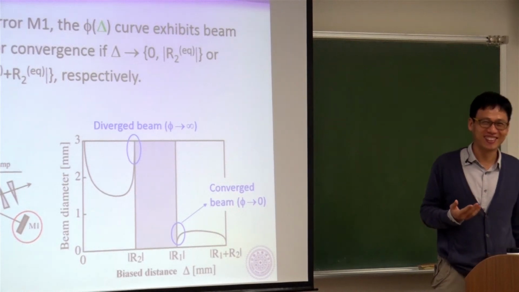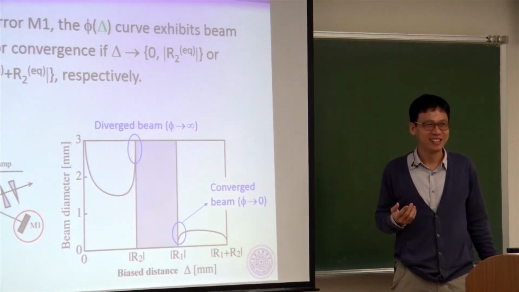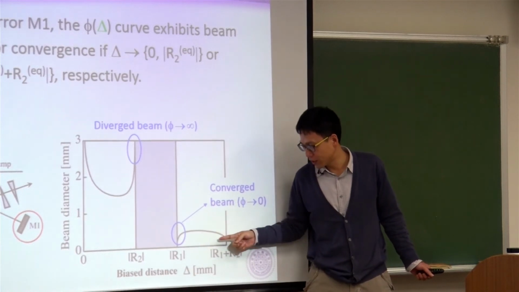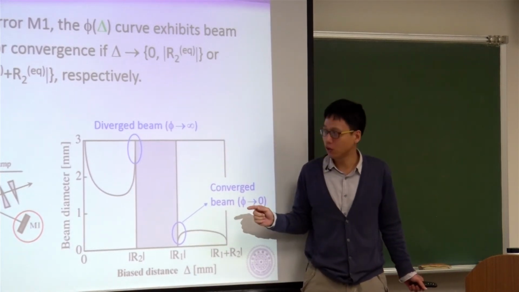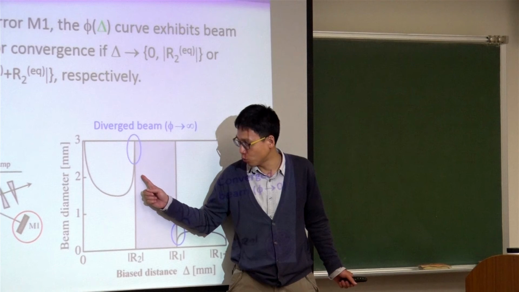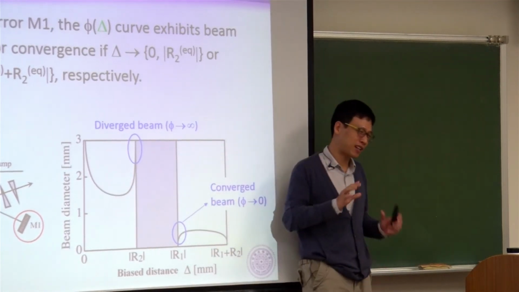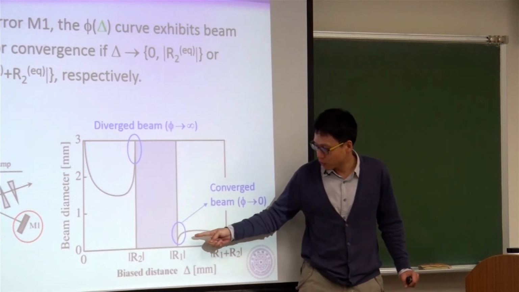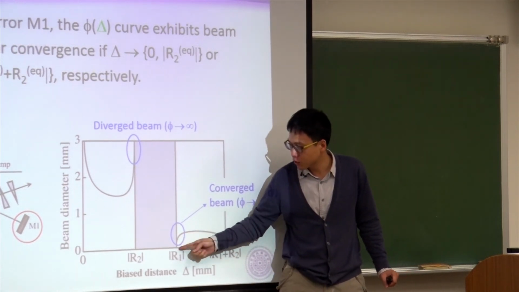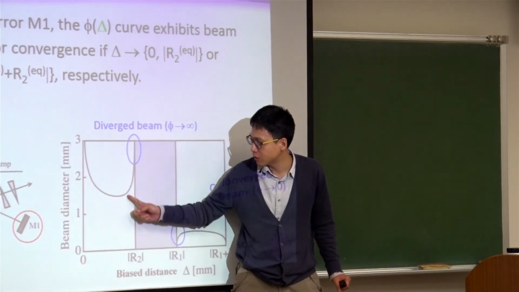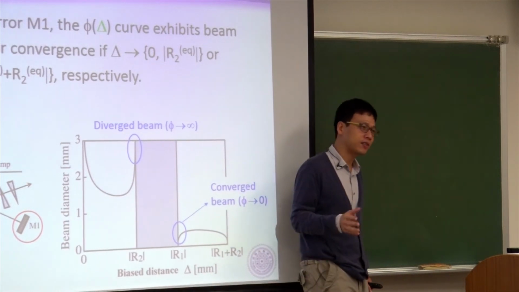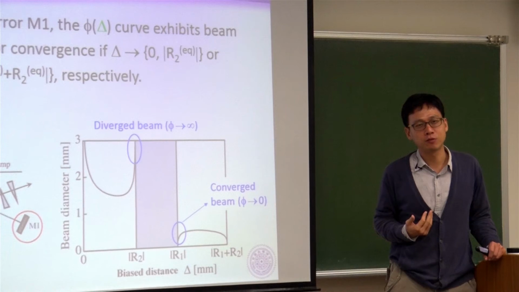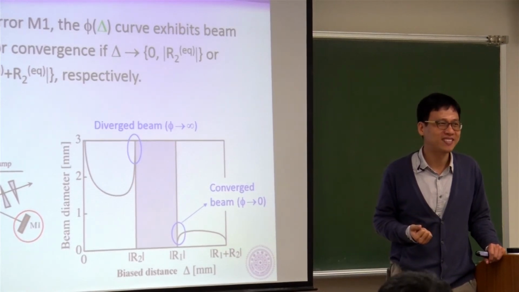What do you think? Here means away from the convergence, or here means away from divergence. It's a very stable position, right? And if you operate here, it's close to convergence, or here, it's close to divergence, kind of an unstable position. Which would be better for pulse formation?